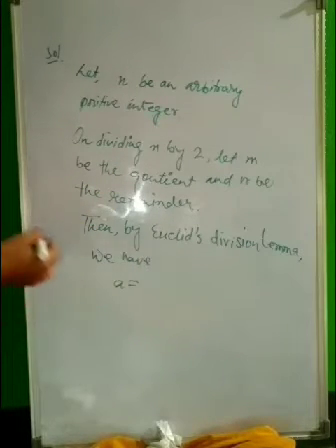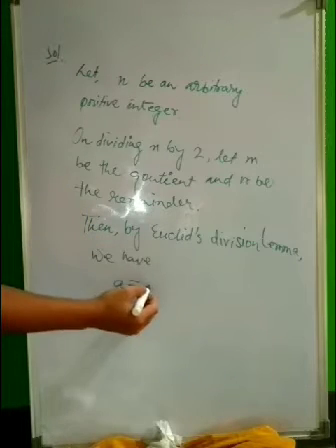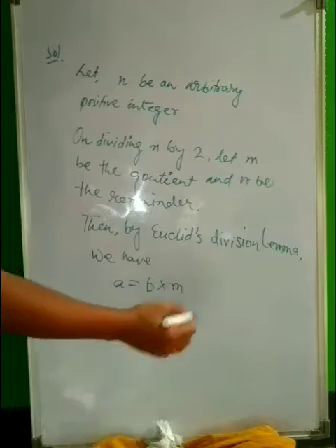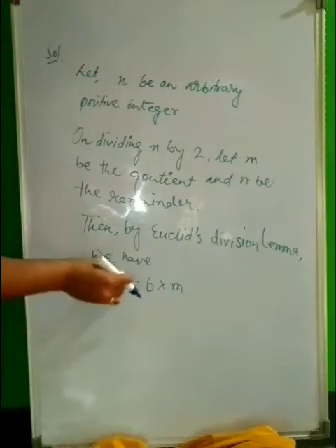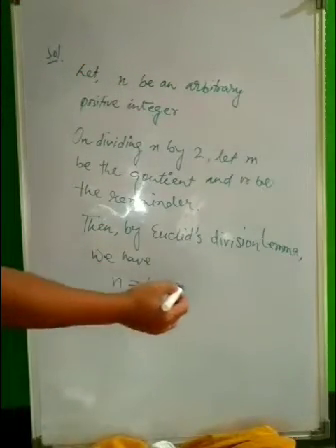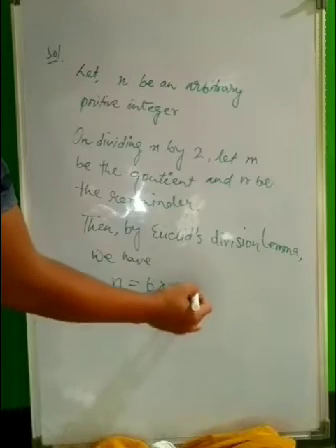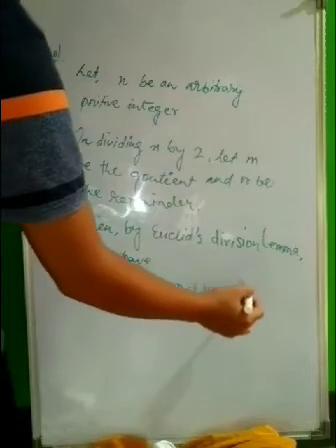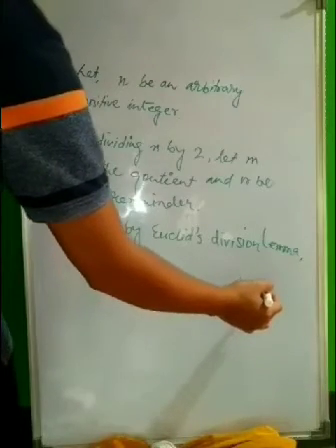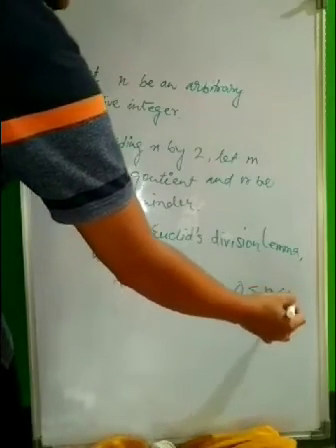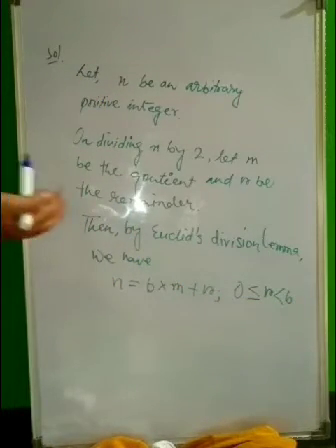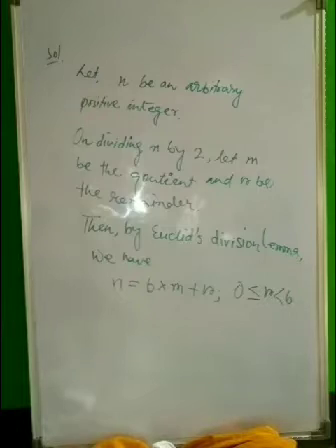A equals B into M plus R, where 0 is less than or equal to R, which is less than B. So that is our formula. According to this formula, we will solve this question.